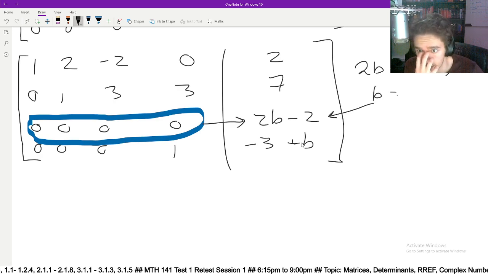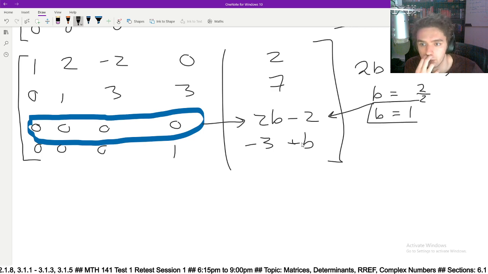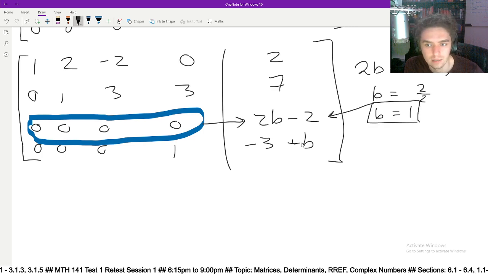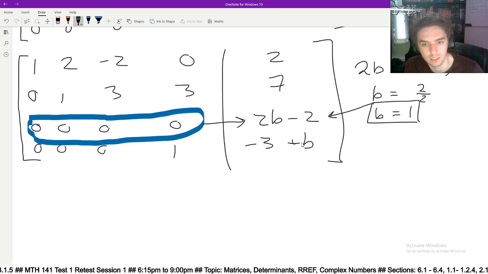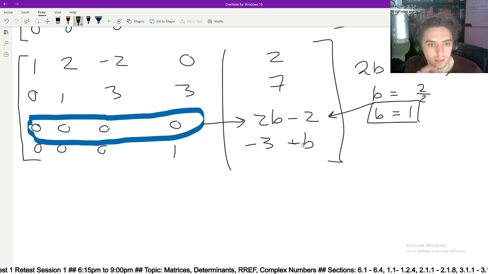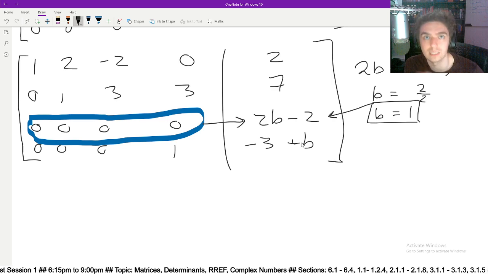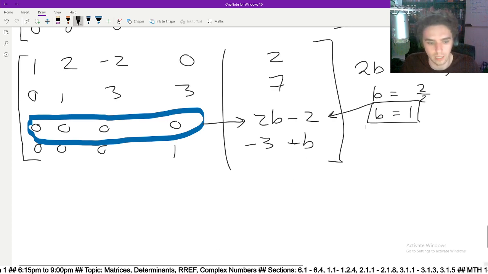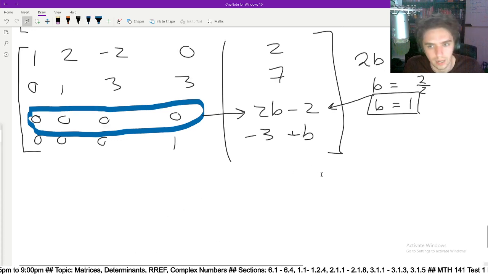In other words, b has to be equal to 2 over 2, or b has to be equal to 1. So in that case, it would be infinite solutions. Any other number, you would have 0 times all your variables equaling some number. Well, that doesn't make sense. There's no way that can be solved, right?